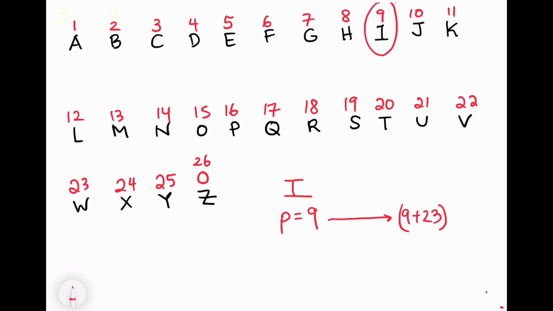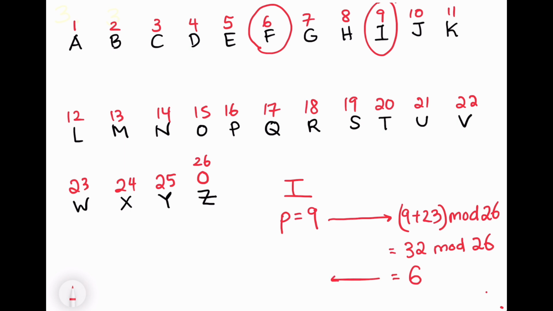But that gives us 32, and there's only 26 letters, so we take mod 26, and 32 mod 26 is equal to 6. And so 6 is the ciphertext value. I'm going to use C for the number of the ciphertext, and that corresponds to the letter F.